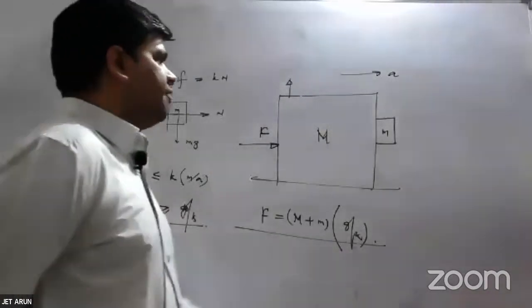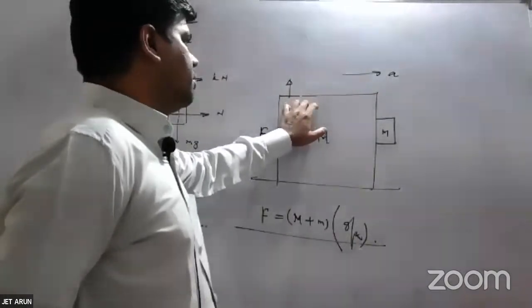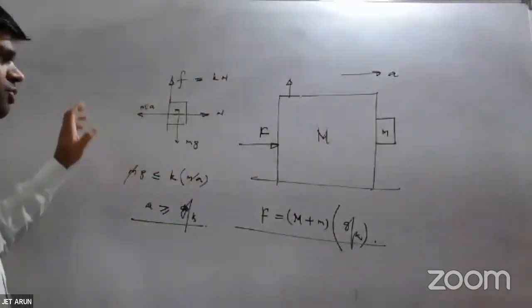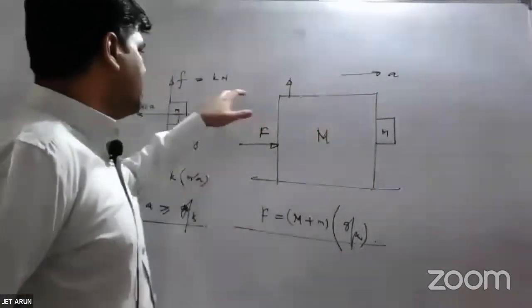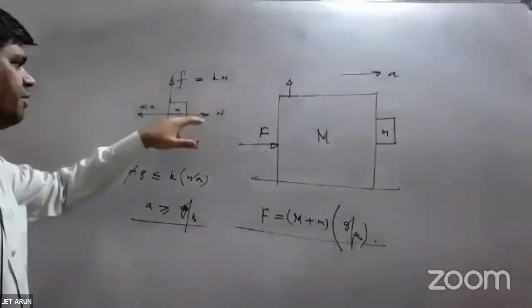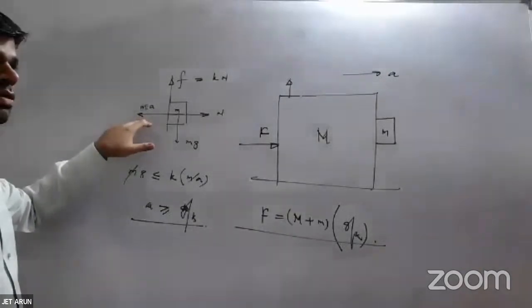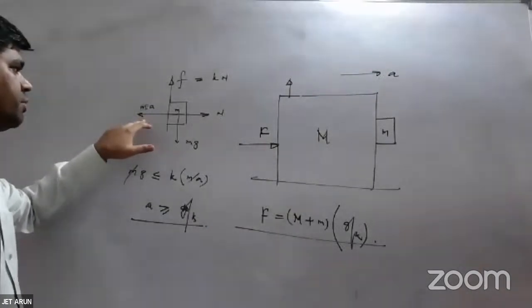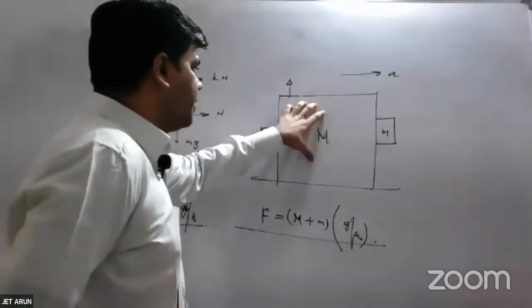I've drawn the FBD of the m, choosing a non-inertial reference frame. Either ground frame, which we'll do in 2 minutes. But once I choose the reference frame, then I draw the FBD in that reference frame. Because I've chosen a non-inertial reference frame, I've got 3 real forces. In addition to that, I've got a pseudo force. And acceleration of the small block with respect to the wedge is 0.